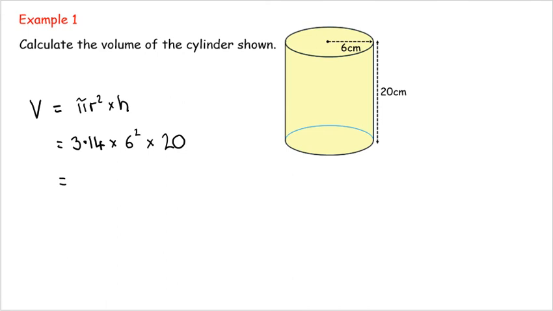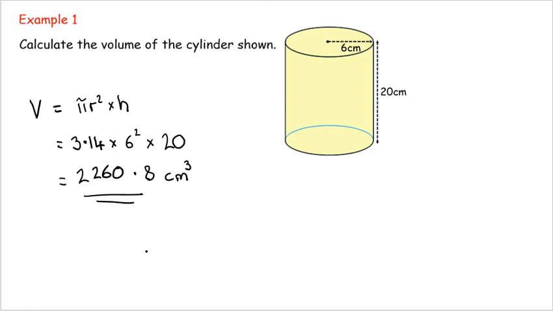Make sure you copy this into your calculator correctly as well, and double check that your answer does indeed come out to be 2,260.8. So this is the volume, and I should put my units on there. We're in centimetres, but because it's a volume, it's cubic centimetres.